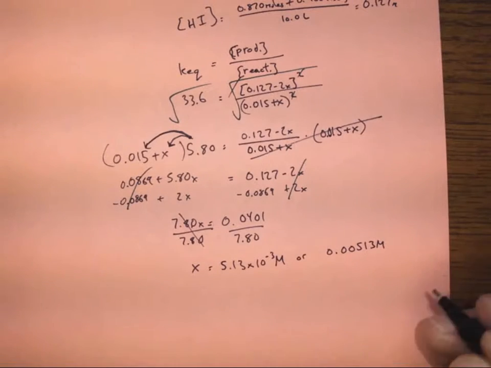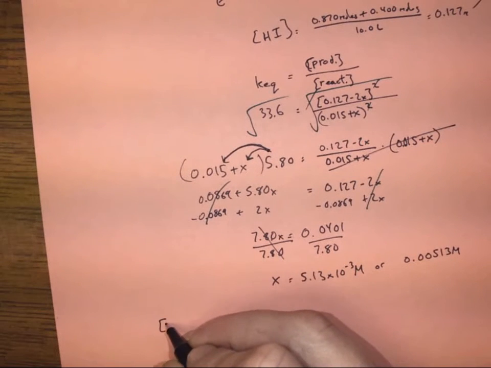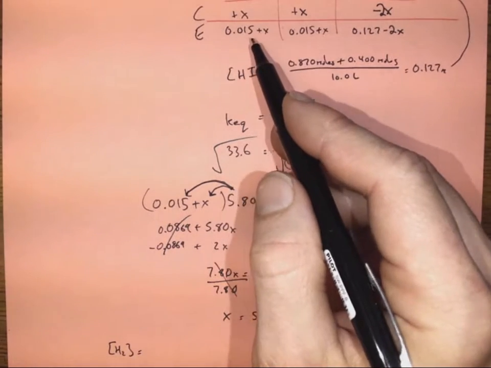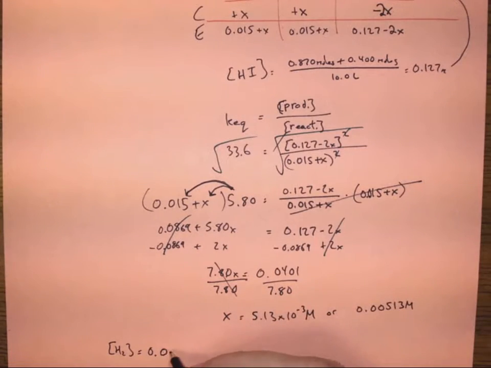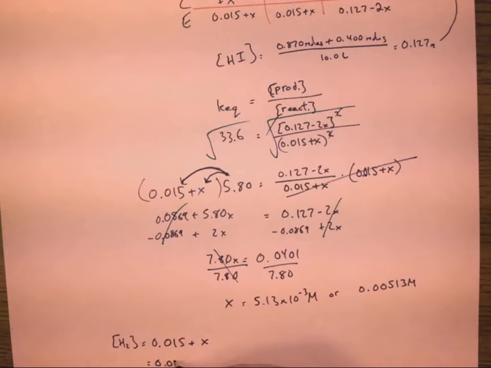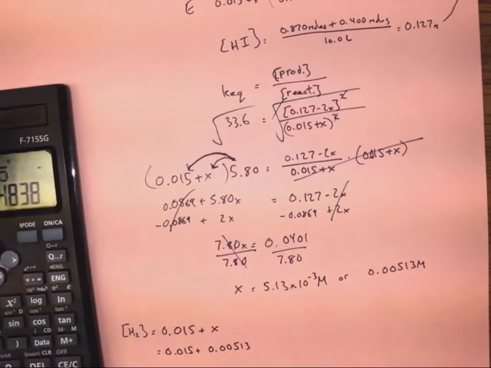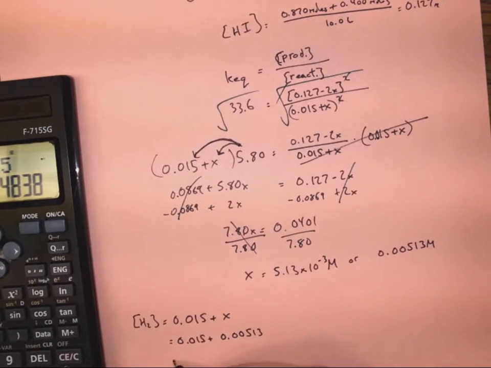So to solve this, I need to say, okay, well, my hydrogen concentration is going to be 0.015 plus x, which is to say 0.015 plus 0.00513. That gives me, with the right number of sig figs, 0.020 molar.